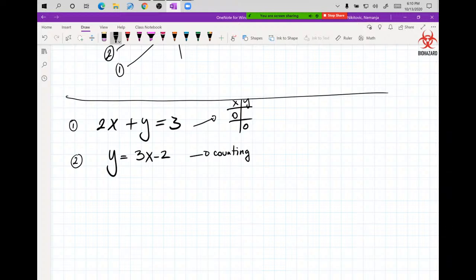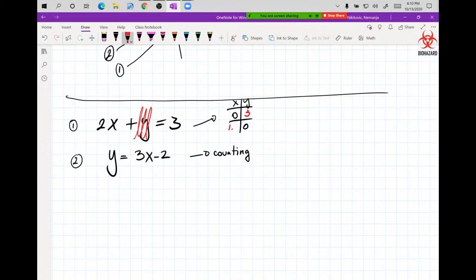So we first solve the chart. When x is equal to 0, that kills x, and then y is 3. And then when y is equal to 0, we get 3/2. 3/2 is 1.5.